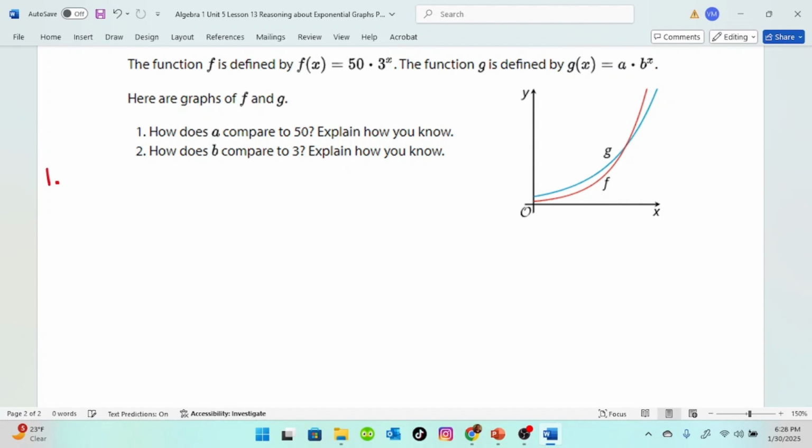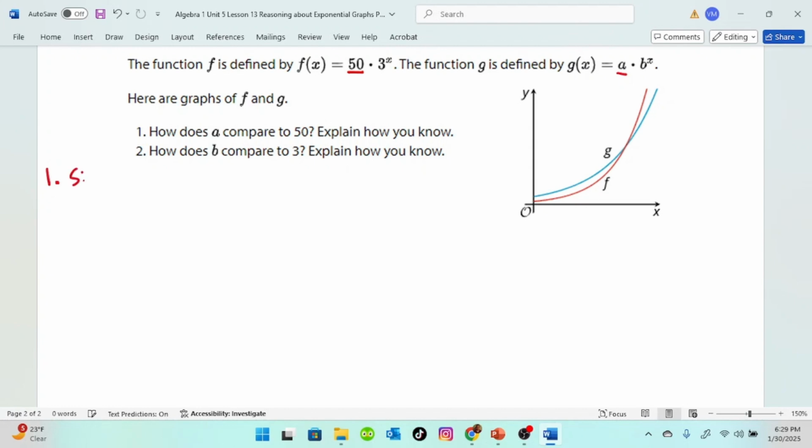So number 1 asks us, how does a, the starting amount for g of x, compare to 50, the starting amount for f of x? So if we look, we can see that f starts lower than g.